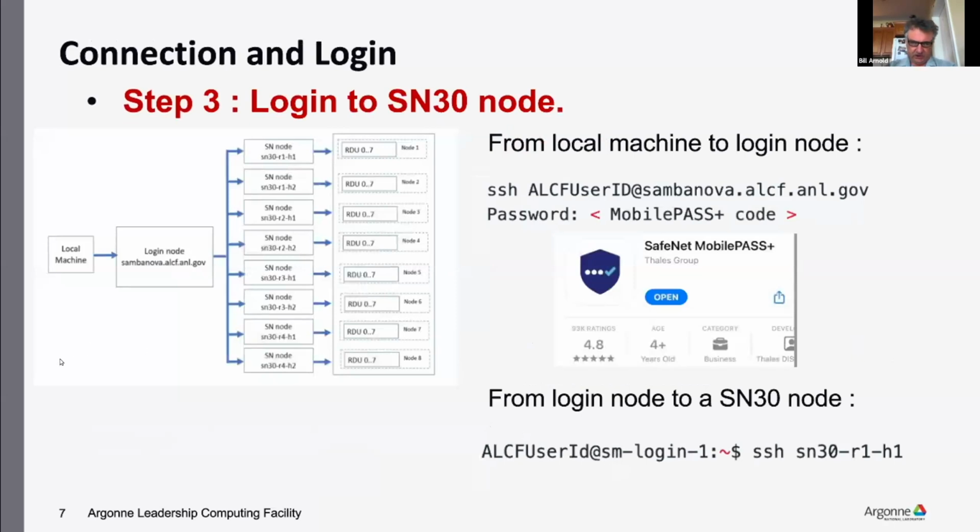And the login is a 2-step process. You log in to a login node. This is a round-robin login node, so it'll drop you on one of the 2 login nodes. And then from there, you log into one of the SambaNova nodes. And then at that point, you have access to Slurm and the SambaNova stack and all.